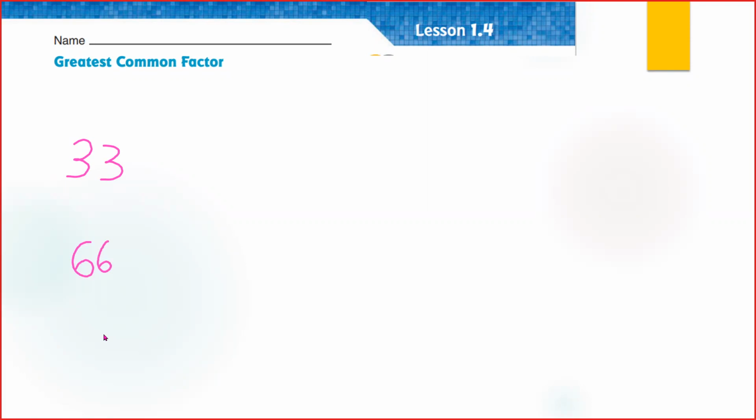Greatest common factor means, from its name, factor. Here I need to write the factors that when you multiply them, you get 33. What are they?